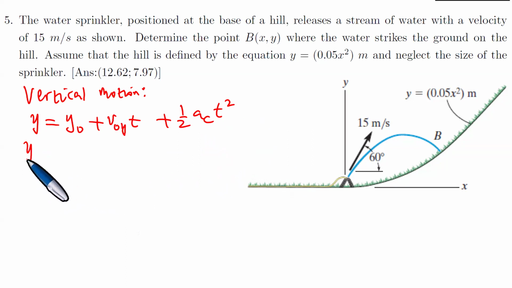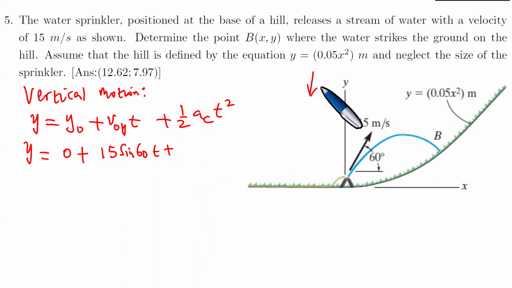So we're going to say, for instance, we have y. Now the y is 0, beginning from the origin, and then the 15. This one, we saw that it is 15 sine 60 t. And then this acceleration, because this object is obviously moving upwards, but we understand that the acceleration is obviously towards the ground.